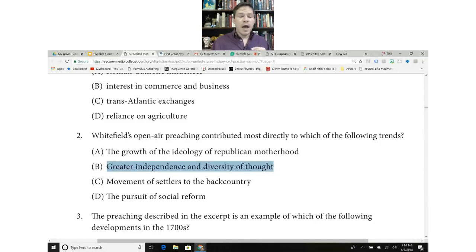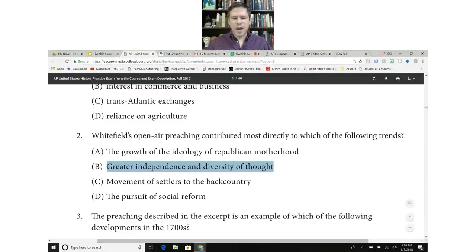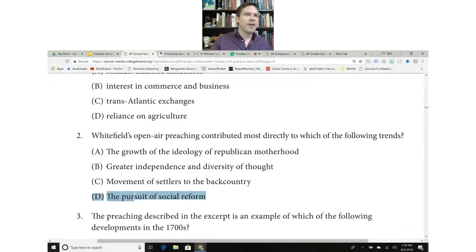This one got me. Movement of settlers to the back country. Okay, now the thing is, Whitfield's open air preaching is not contributing to a migration. Now, here's the thing: I was like, well, social reform, well, there were social divisions, and isn't religion technically a social reform?